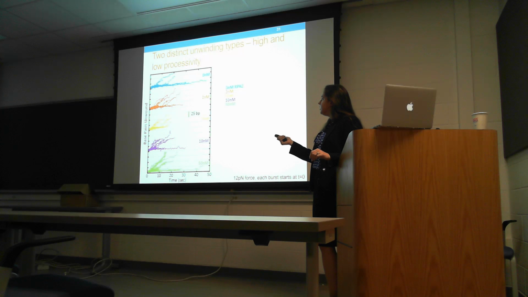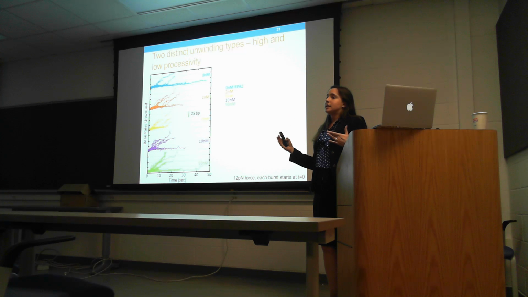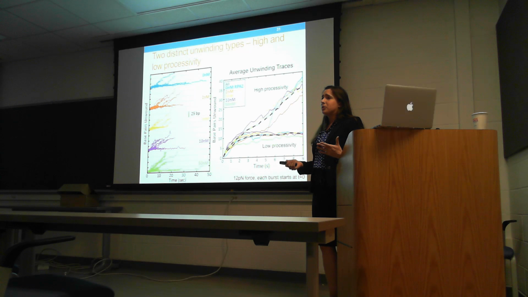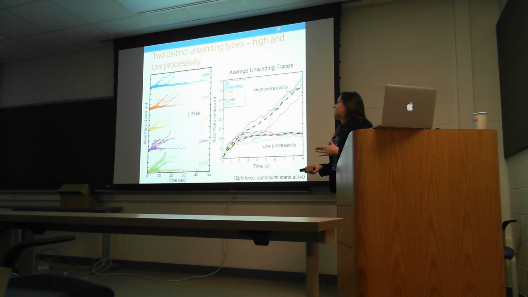Here we have this long stalling behavior at 10 base pairs, which is pretty consistently seen at every concentration, including very high RPA2. And if I look at the average unwinding burst for low processivity and high processivity at each concentration, you see remarkable similarity at all concentrations of RPA2.